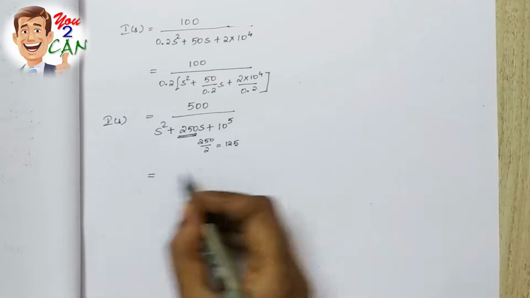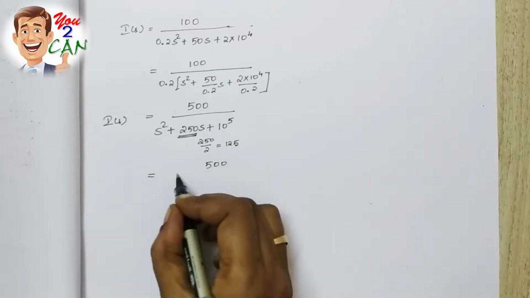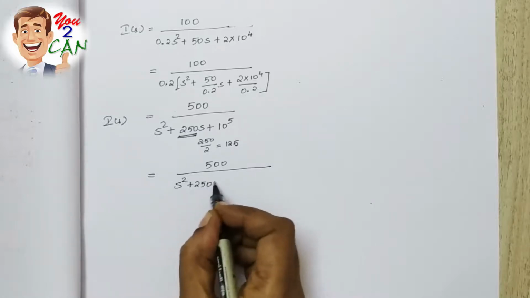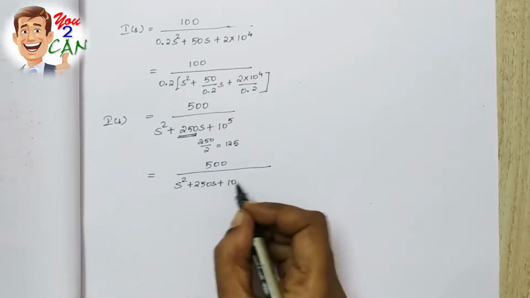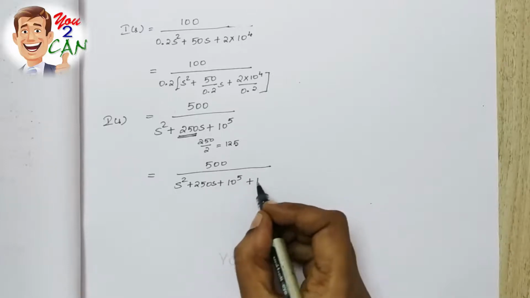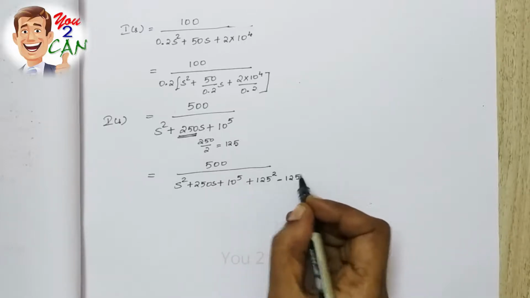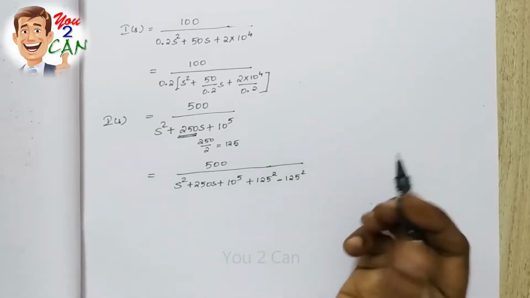So take down 500 divided by s squared plus 250s plus 10 power 5, plus you have to add 125 squared minus 125 squared. I will repeat it again.